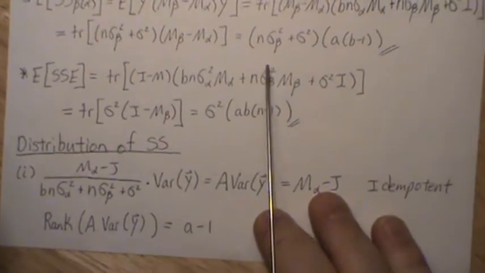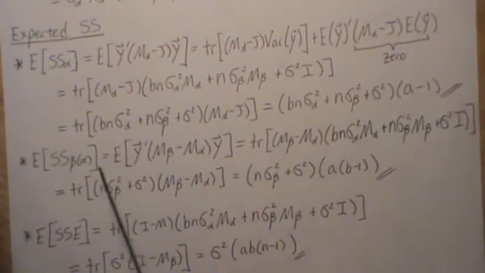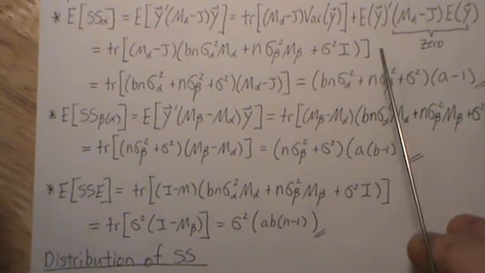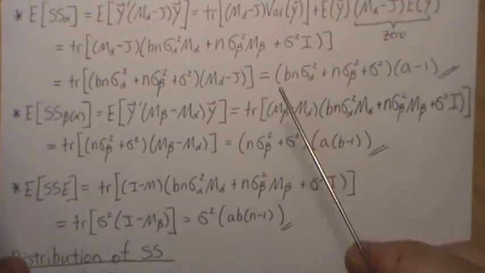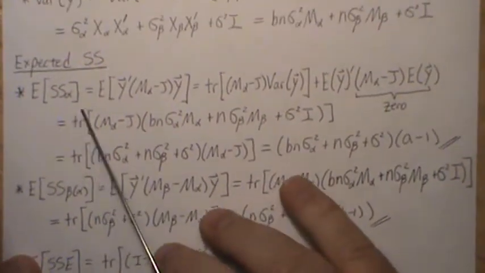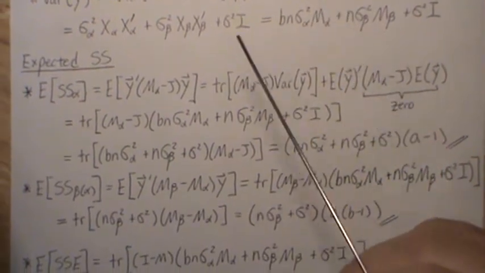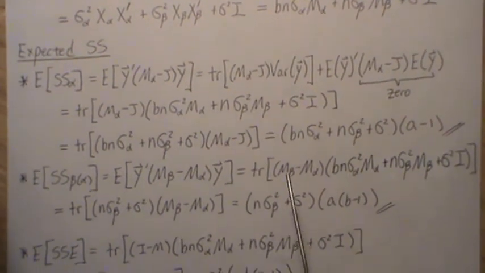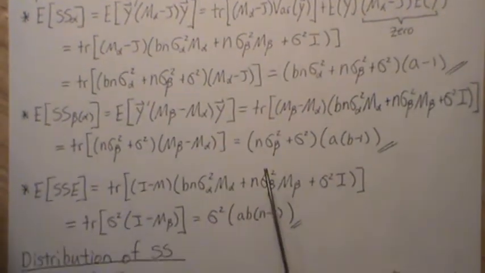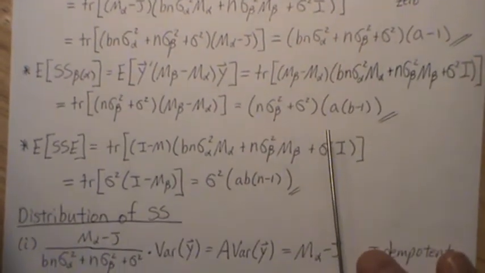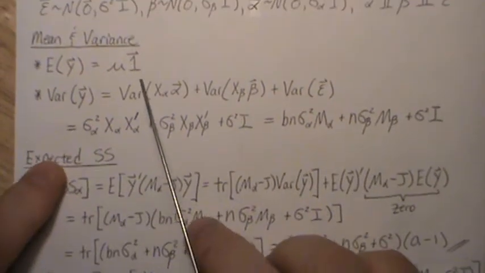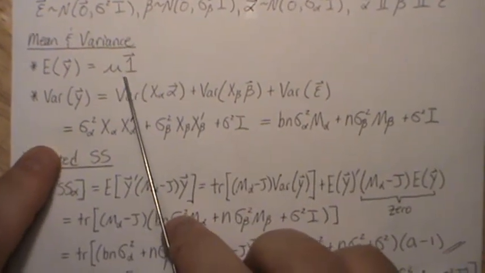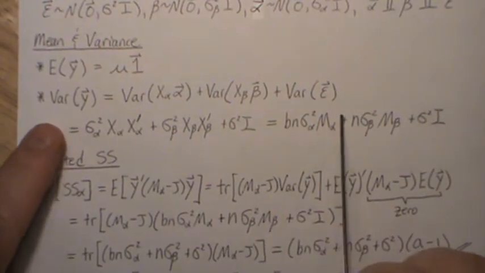Now, when we look at the distributional properties of these three, and we're going to need to do that so we can conduct F-tests, I have a playlist called quadratic forms, and in there we talk about the distribution of quadratic forms. And y is multivariate normal with this mean and this variance.